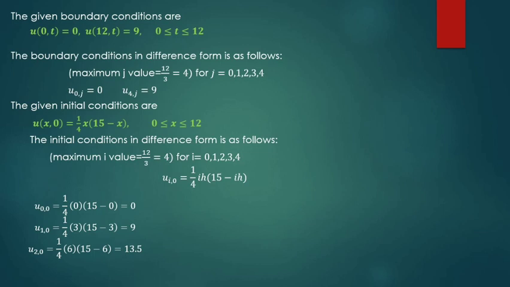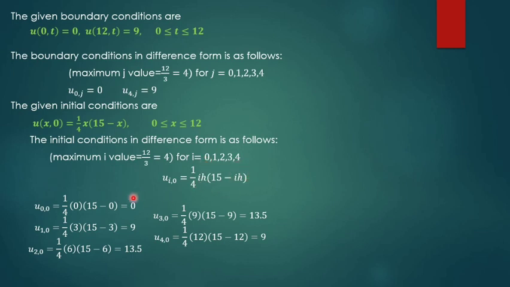So i takes the values 0, 1, 2, 3, 4, and replace x here. So i varies from 0 to 4, and u of i comma 0 is equal to 1 by 4 into, instead of x, you replace by ih: 1 by 4 ih into 15 minus ih. So h value is 3 and i varies from 0 to 4.